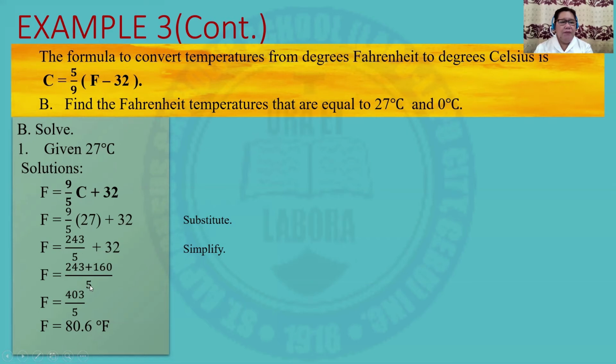So 5 divided by 5 is 1 times 243 is 243. 5 divided by 1, which is the denominator of 32, and the answer is 5 times 32, which is 160. And 243 plus 160 is equal to 403 over 5, and dividing, you will have 80.6 degrees Fahrenheit.